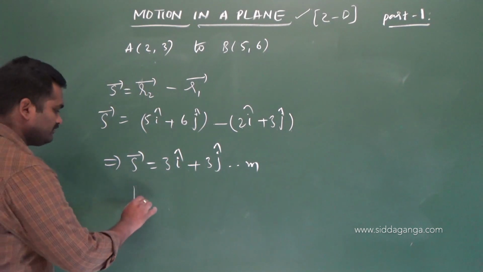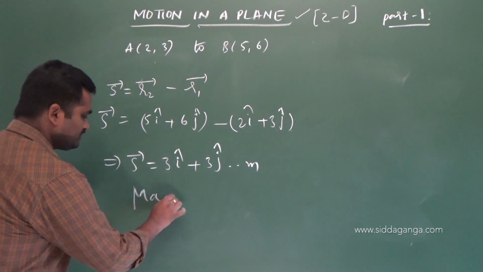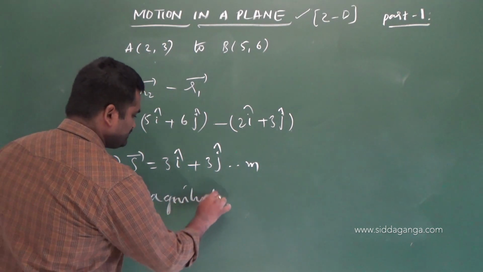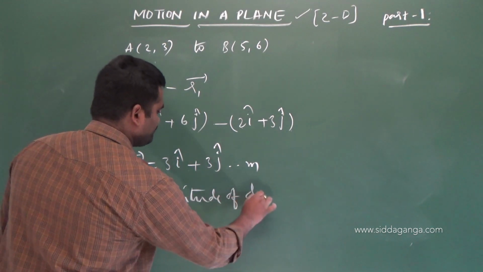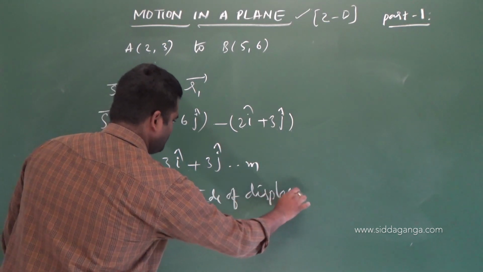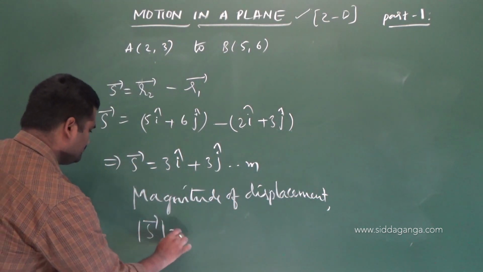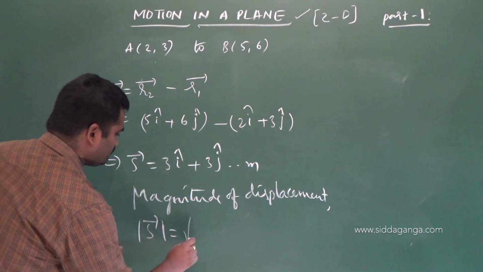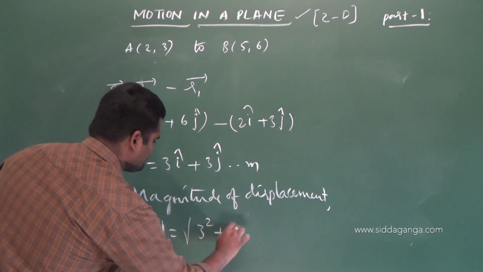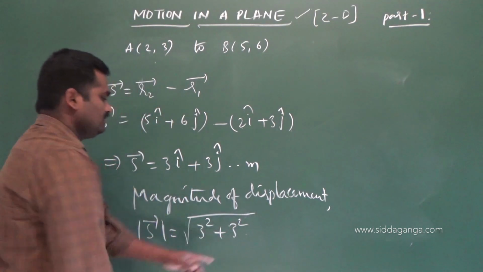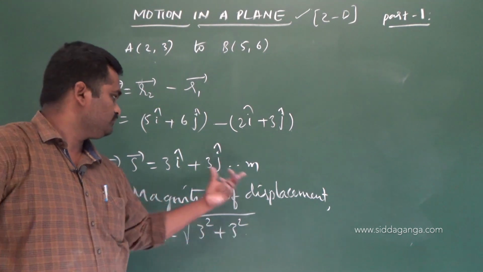What is the magnitude of displacement? How to find out the magnitude of displacement? Mod S will be equal to, you know how to find the magnitude of this directly, root of 3 square plus 3 square plus 2 into 3 into 3 into cos of the angle between these two.